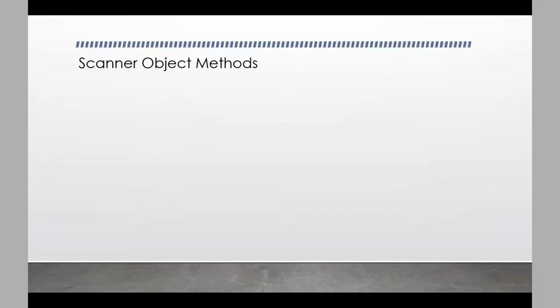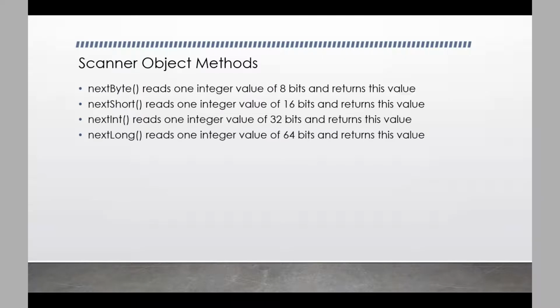Look more closely at the Scanner object methods. The four methods that we mentioned that relate to reading integer data are clarified here. In each case, we specify that we are reading an integer value. In each case, the method will read data from the input stream and convert it to an integer of the appropriate type. If the value that is encountered exceeds the capacity of the storage indicated here, then an exception is thrown.